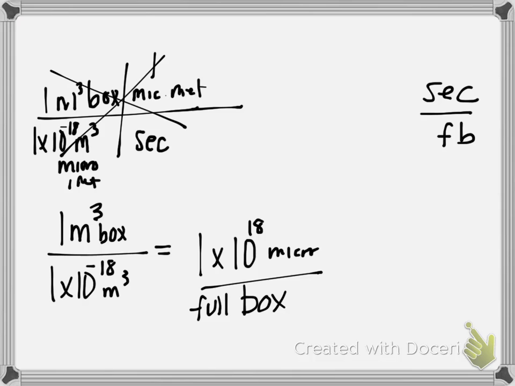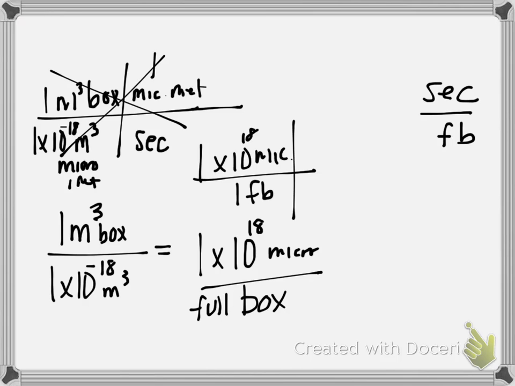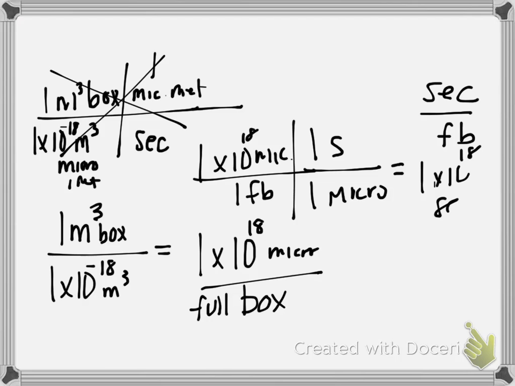Okay, so if we take that, 1 times 10 to the 18th micrometeorites in 1 full box, and 1 micrometeorite falls every 1 second, it's going to take 1 times 10 to the 18th seconds to fill a box.